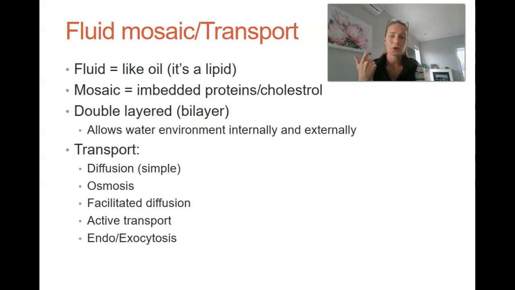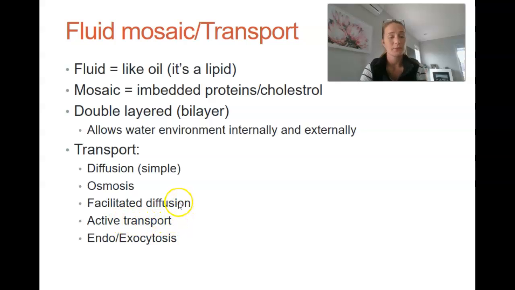So only hydrophobic molecules can move directly across the membrane. Hydrophilic molecules being polar, charged, or if they're too large, they would require a transport protein, but still moving along the concentration gradient.